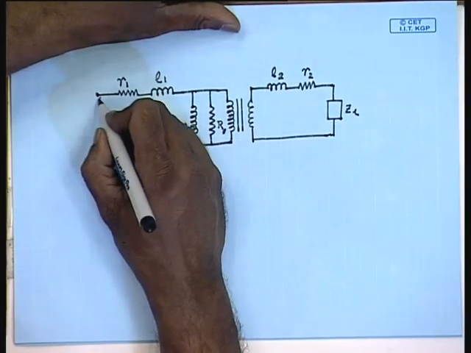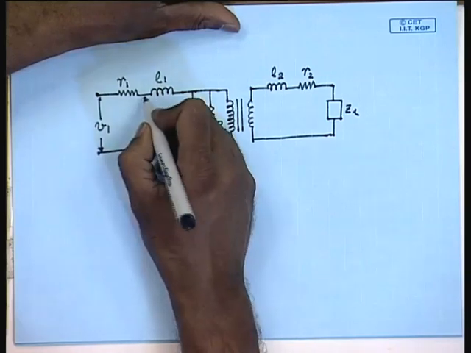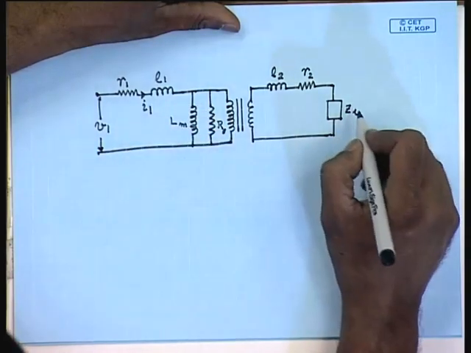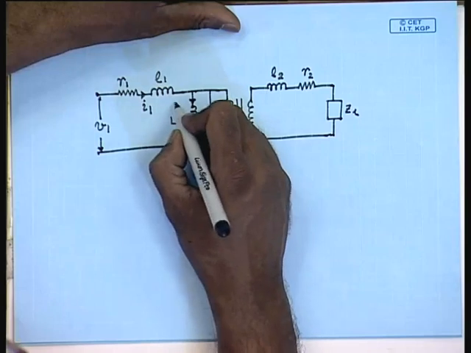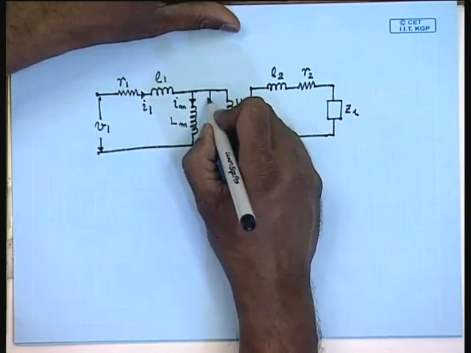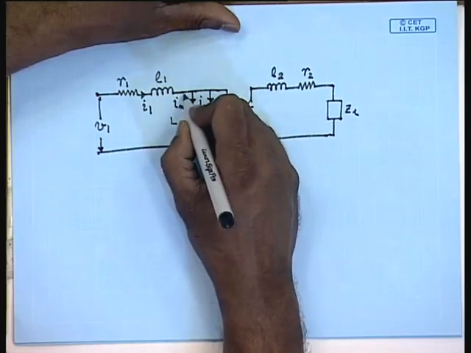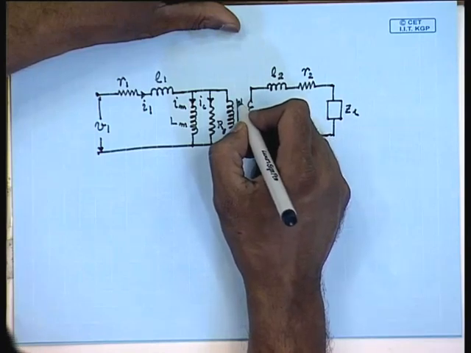The applied voltage on the primary side is V1, current through the primary is I1, the magnetizing current is IM, the core loss component of the current is IC, together they are called the no load current I0.